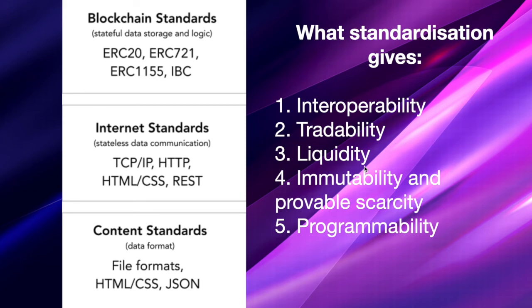NFT tokens are unique, and their scarcity is proved very well by the smart chain, and developers can rely on that. They can program that, and of course prove that those items are unique.